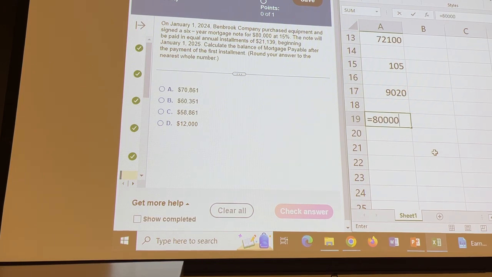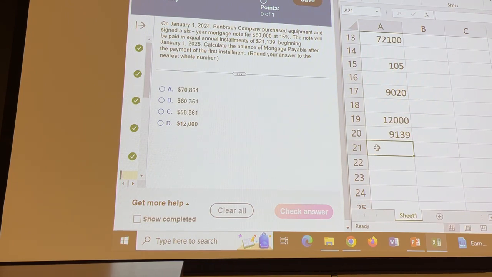So 80,000 times 15%, it's $12,000. So the part of the first payment that is for principal would be $21,139 minus the $12,000. So that's $9,139.